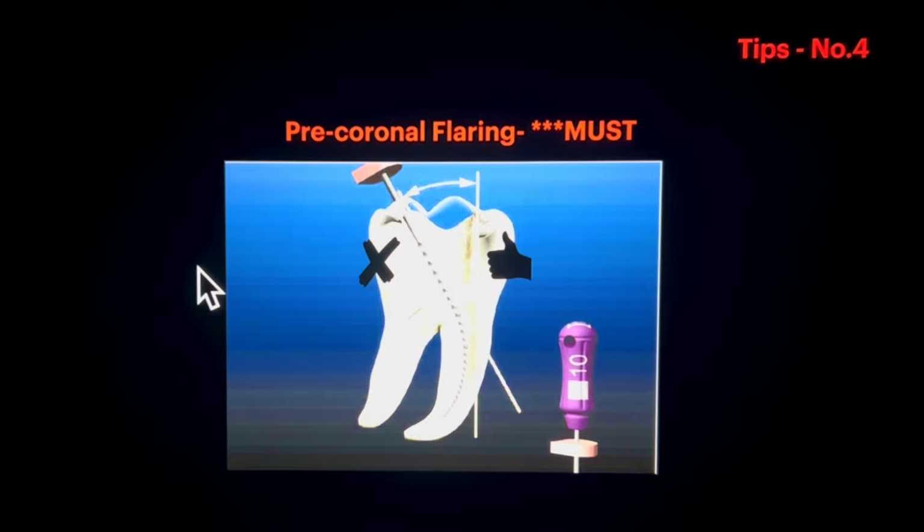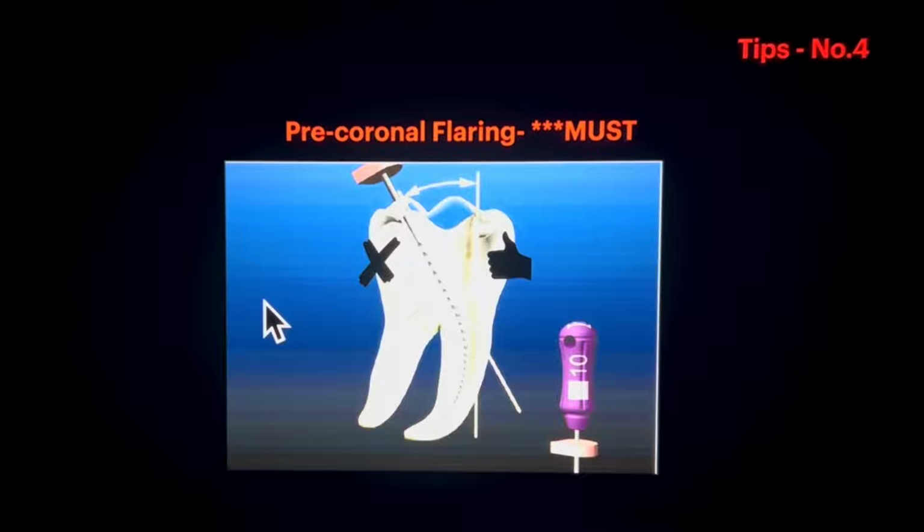Now, tip number 4 is pre-coronal flaring, a must. Obviously, pre-coronal flaring should be done in all cases, in all the canals, but in radix entomolaris cases it is a must, because remember that in radix entomolaris cases the diameter of the canal is very narrow.